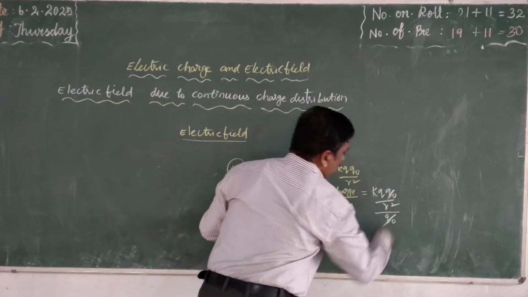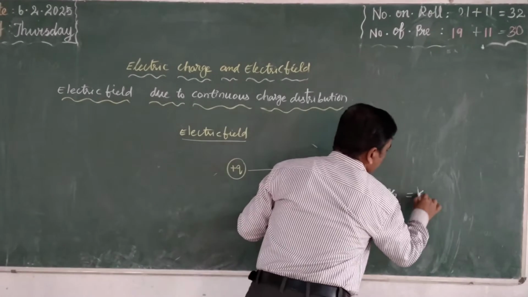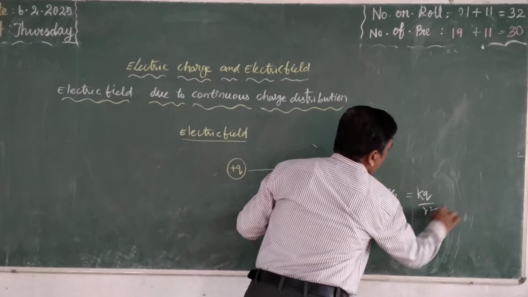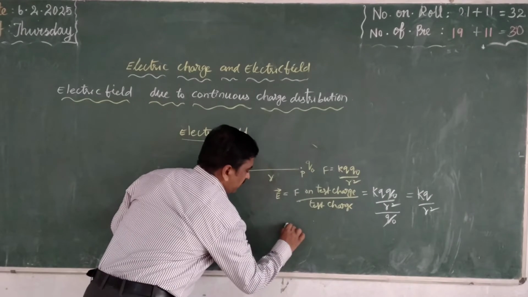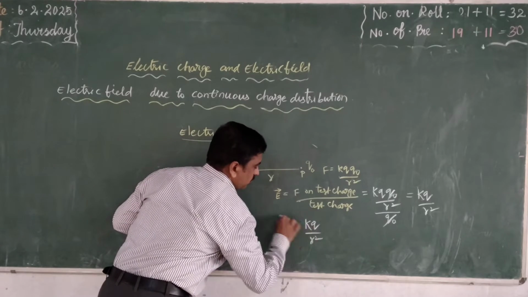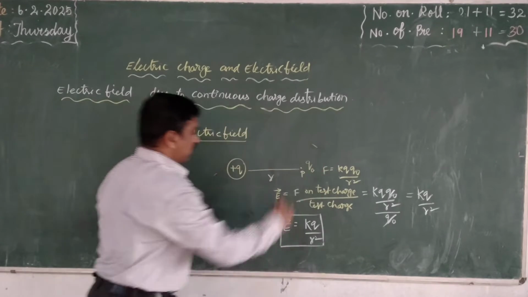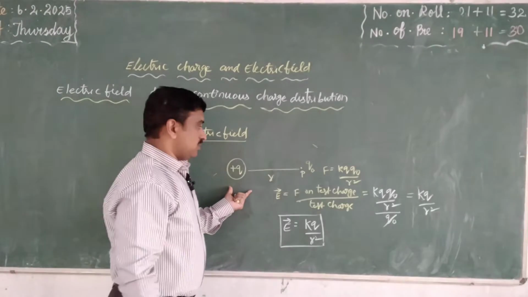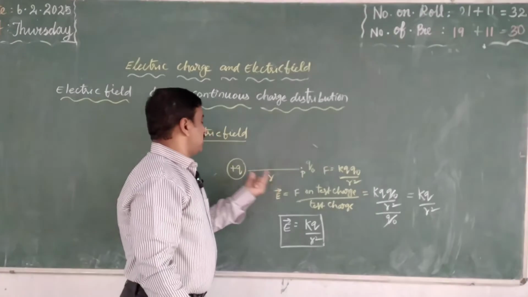This Q naught cancels. What we get is K Q by R square, which means electric field equals K Q by R square. This is the electric field due to plus Q charge at point P, at distance R from the charge.